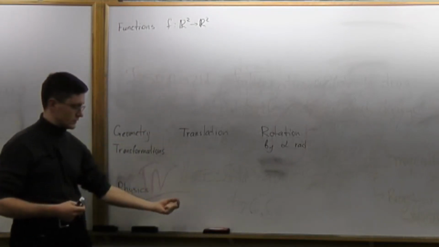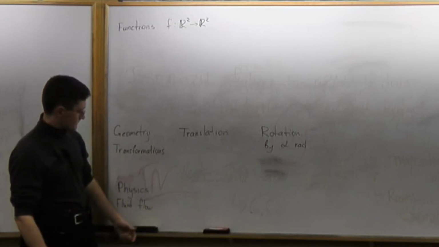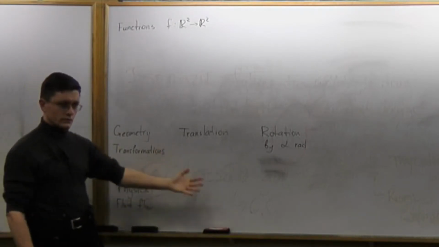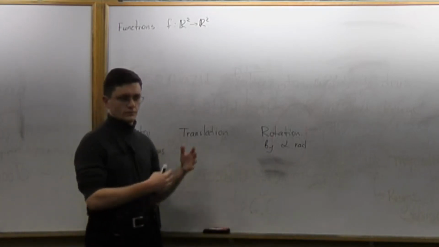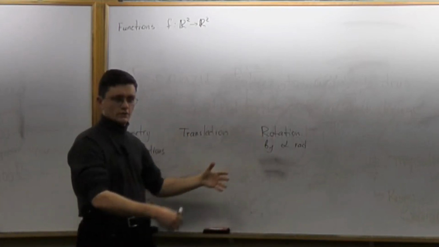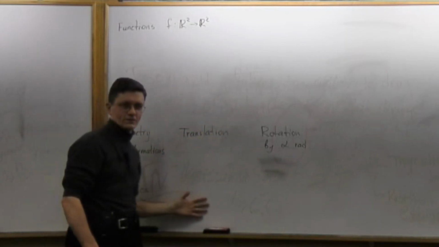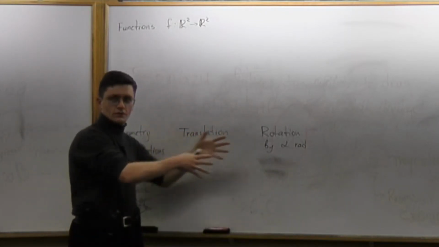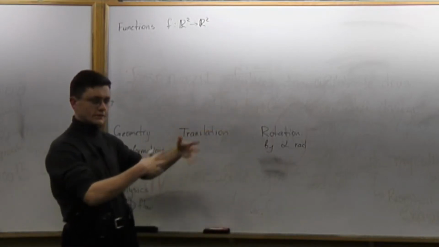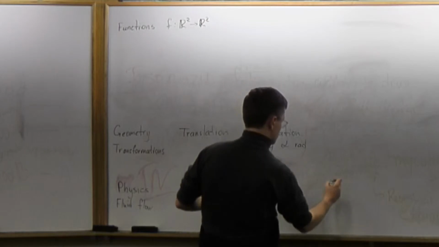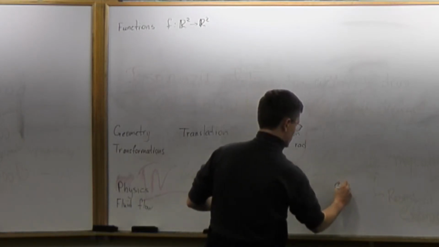Every point gets a velocity vector assigned. And then, from that point of view, we also see some examples of easy, simple flows. One example is this kind of translation flow, when everything is flowing in the same direction with the same speed all the time. And that is going to be, I'll call it constant flow.